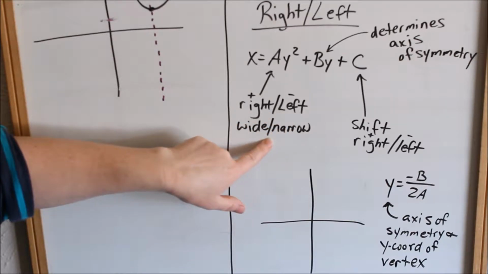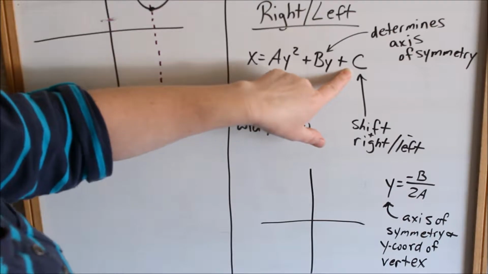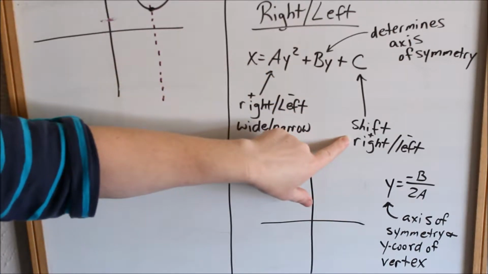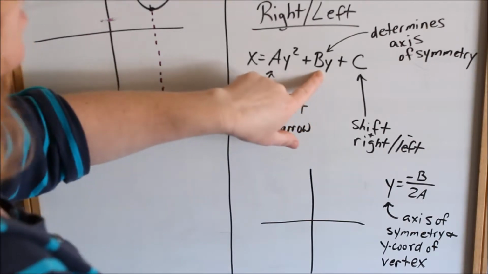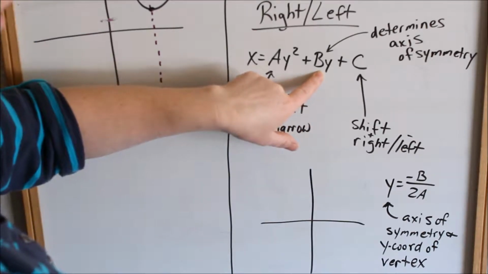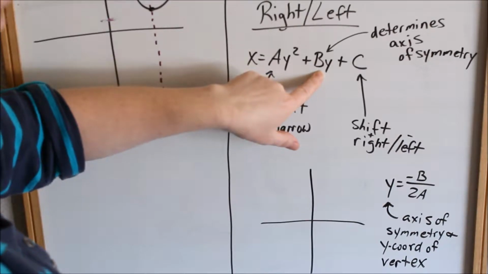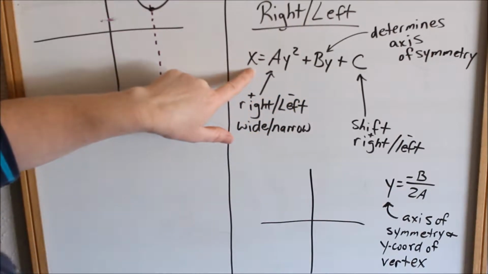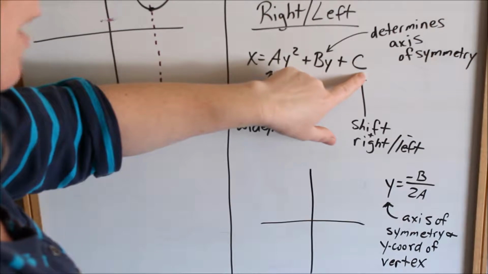That coefficient also tells you how wide or narrow the parabola is. This whole number at the end tells you if it's shifting to the right or to the left. If it's positive, you're shifting to the right. Negative, you're shifting to the left. This term here, if it's not 0, now will give you a new axis of symmetry. For these parabolas, they were symmetrical about the x-axis. So this number here tells you if it's shifting right or left.